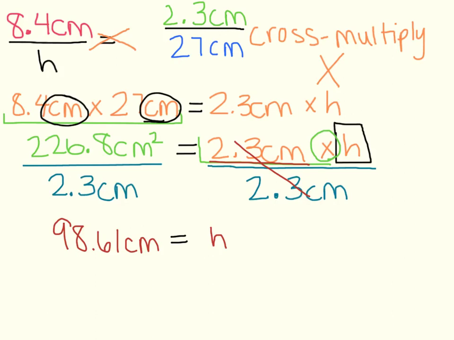Our answer is 98.61 centimeters equal to h. You can follow this process to solve any kind of scaling problem as long as you remember that you must always put the scale over the real.